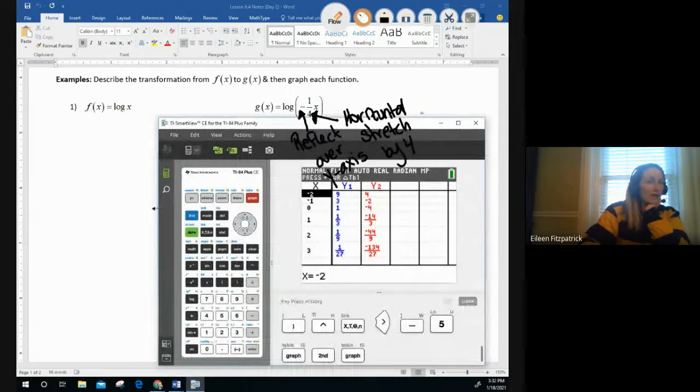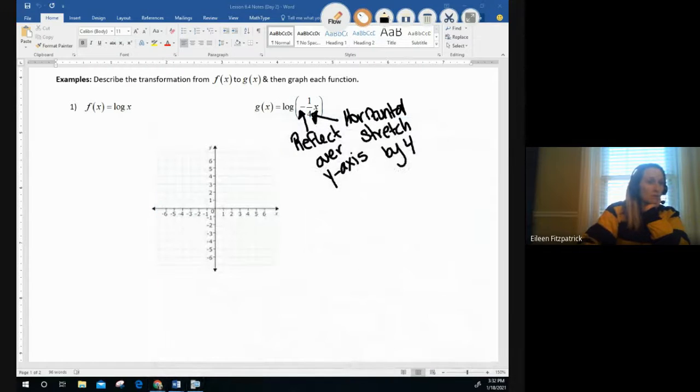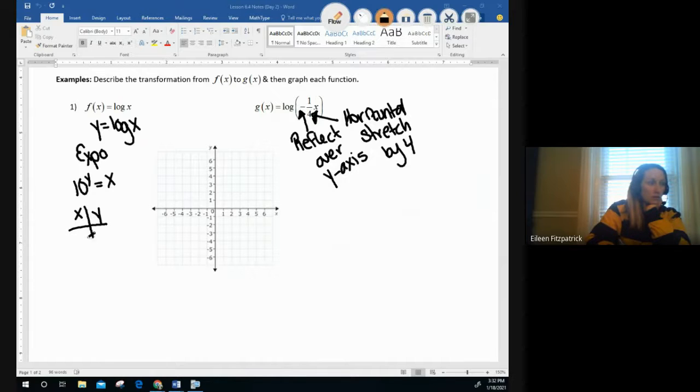All right. Maybe this one I won't use a graphing calculator, just to show you an example. If I was not using a graphing calculator, I would actually change this to exponential form. In exponential form, this is the same thing as 10 to the y equals x. Typically, I would say pick values for your x and then figure out what y is.